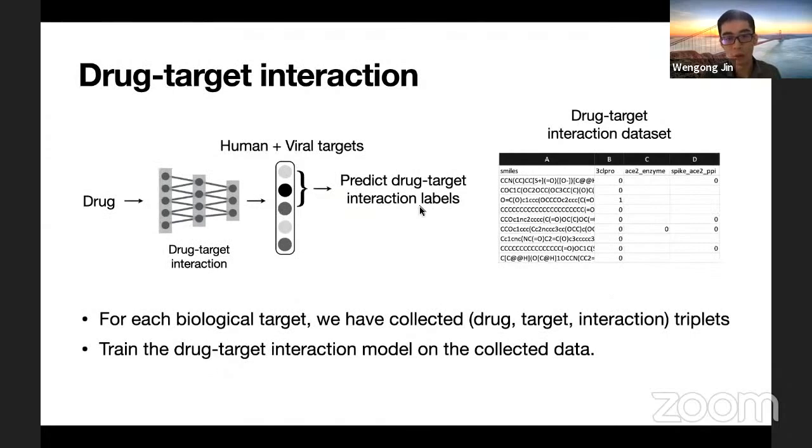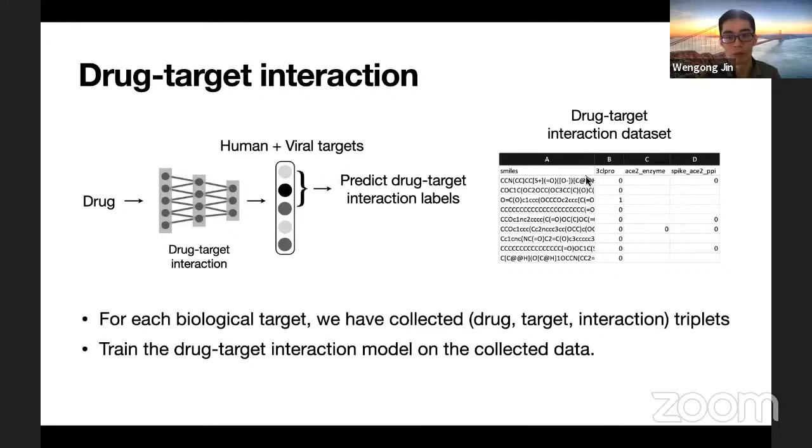So to train the model, we will train each of the modules jointly through 3 objectives. The first one is this drug target interaction loss. In order for each neuron in this vector to correspond to a biological target, we will train these neurons to be predictive of the drug target interaction labels.